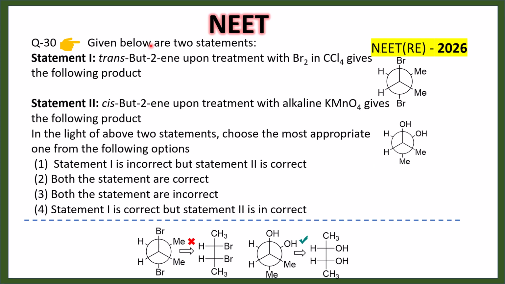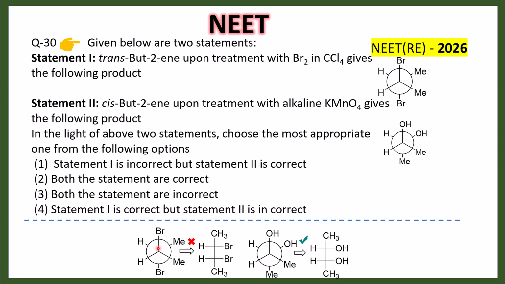Now question number 30. Given below are two statements. Statement 1: trans-2-butene upon treatment with Br2 in CCl4 gives the following product, and statement 2: cis-2-butene upon treatment with alkaline KMnO4 gives the following product. Now we know that trans-2-butene treated with Br2 in CCl4 gives the meso dibromide, but if this is converted to the Fischer projection, we could find that this does not convert to this.